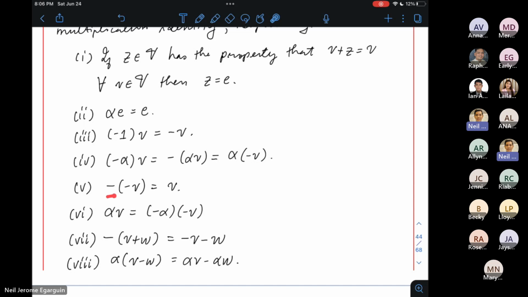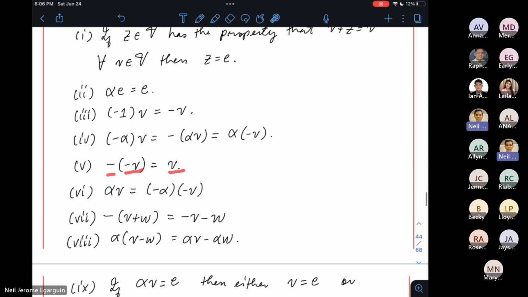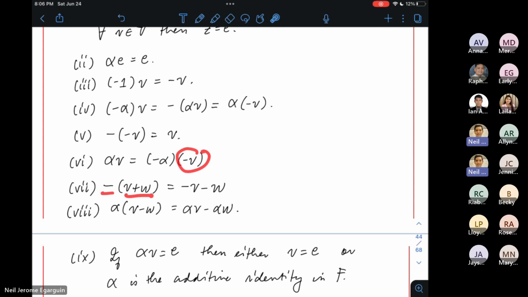And then the additive inverse of the additive inverse of a vector is itself. Yung alpha times v ay equals sa additive inverse ni alpha times additive inverse ni v. Tapos ang additive inverse ng v plus w ay additive inverse ni v plus additive inverse ni w.